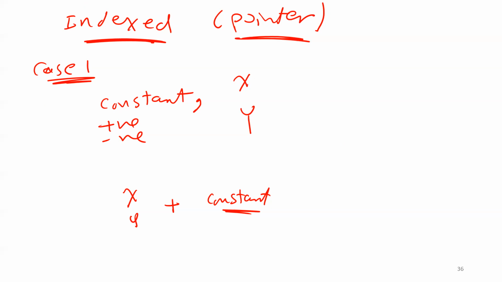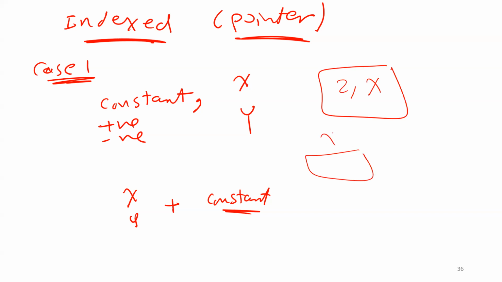So the first question you should ask: where is the address? Because remember, I'm reading from memory, I'm writing to memory, so you have to give me an address, right? So for example, if you say 2, comma X, what's going to happen here, guys? I'm going to take whatever is in X plus number 2, and this will be the address. So I'm going to read a byte from this address.